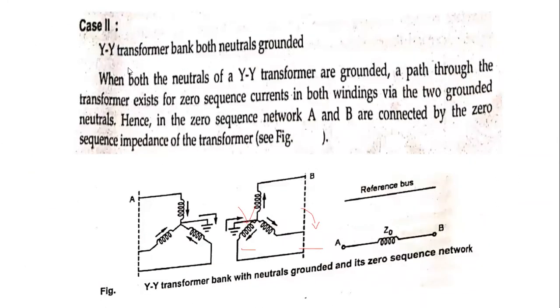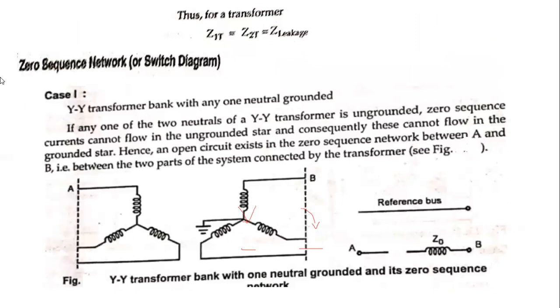If the windings are connected in star star, but both the windings are grounded, then this will be considered like this. If the windings are connected in star star with one grounded, then this will be considered like this.